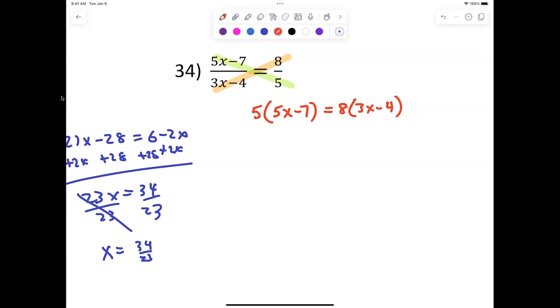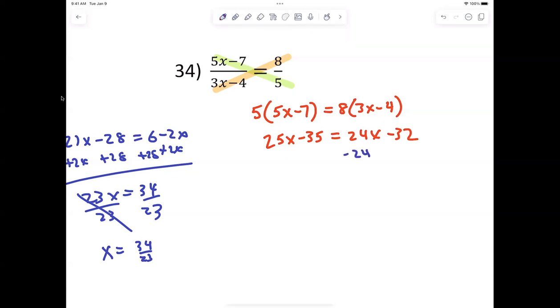Okay, distribute. All right, this one's good. Here we go. Subtract 24x, add 35.